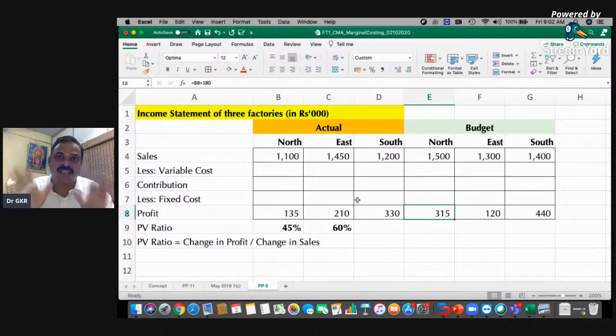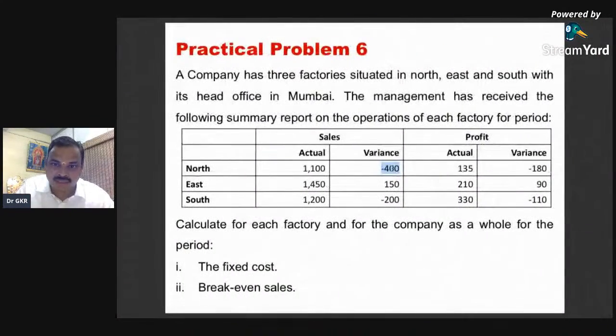Please ensure that the change in contribution is equal to change in profit. So change in contribution divided by your change in sales. So the sales variance is your change in sales, and the profit variance is your change in contribution. Direct division. So this column is a very, very important column for you to appreciate.